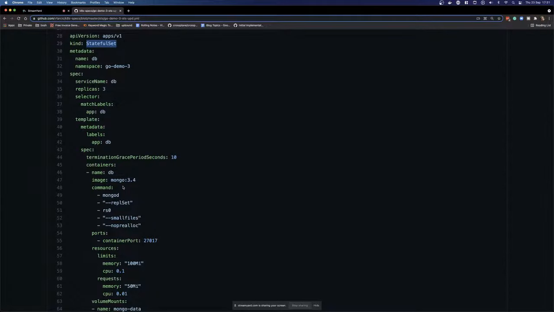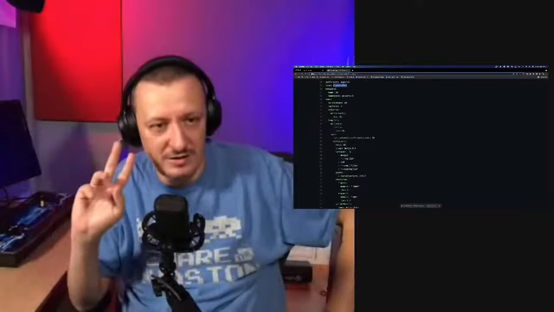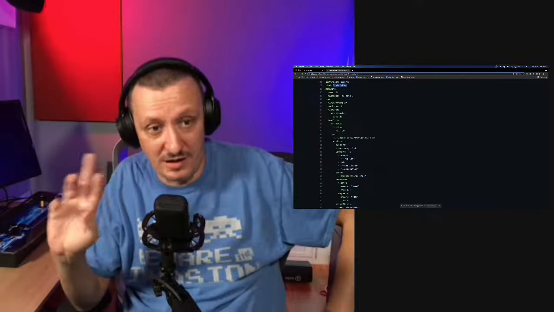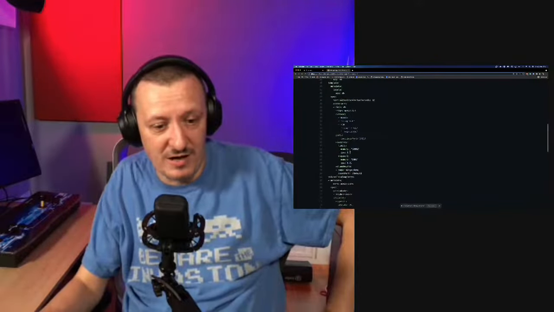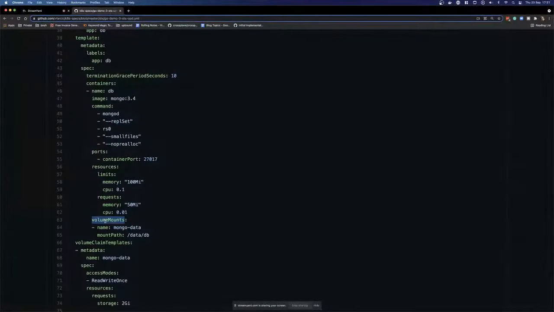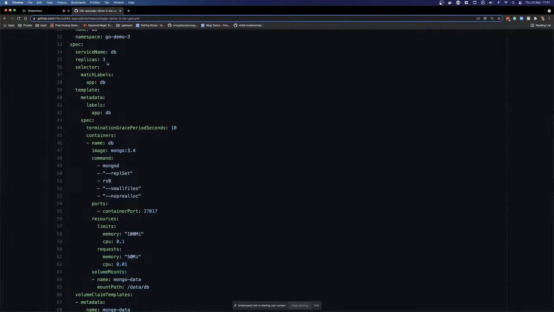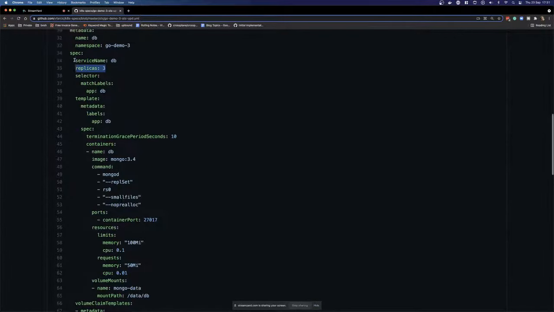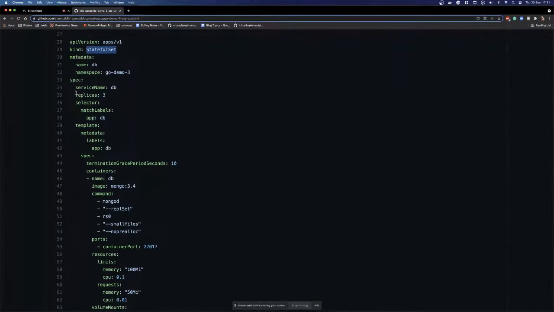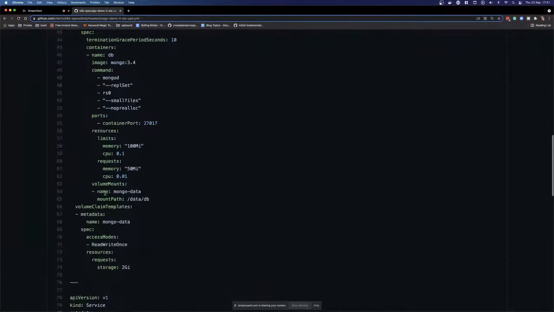The differences are in how they work. There are two major differences between stateful set and deployment. The first one is how volumes are mounted. Here I have an example with 3 replicas. If this were a deployment, this volume mount would actually mount one volume to all 3 replicas.